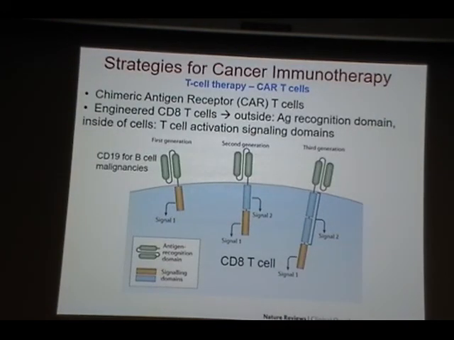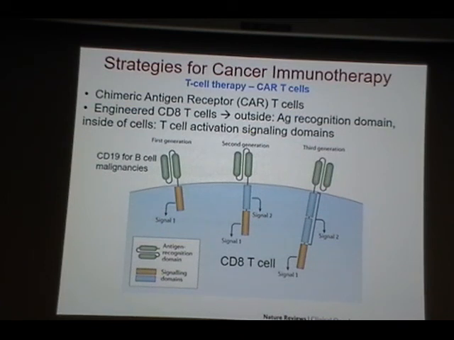The other T cell therapy is called CAR T cells. I think you have learned a lot about T cells because Dr. Ellen Levan mentioned the different types of T cells and activation of T cells. The concept is very simple.